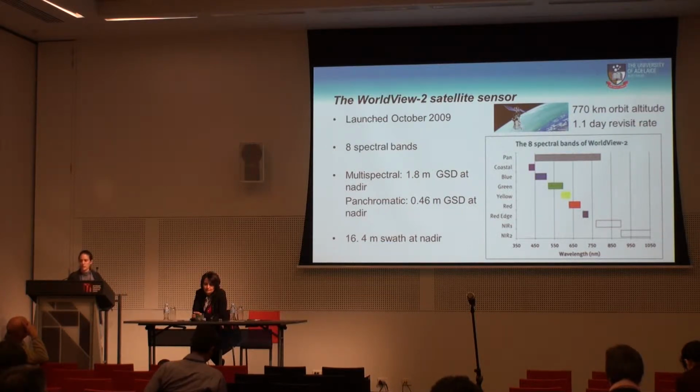What makes it unique with the extra spectral bands is that it's got a shortwave blue, which they dub coastal, a yellow band, a red edge band, and a second band in the near infrared.